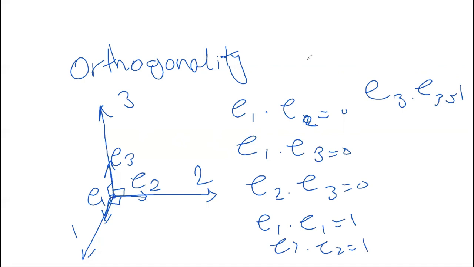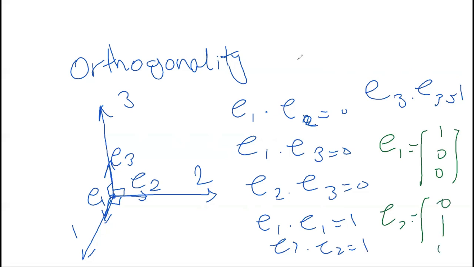For example, E1. Let me write E1 in a clearer form for you. E1 is 1, 0, 0, and E2 is 0, 1, 0.